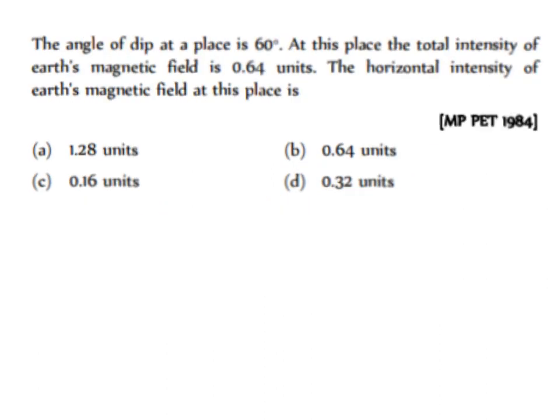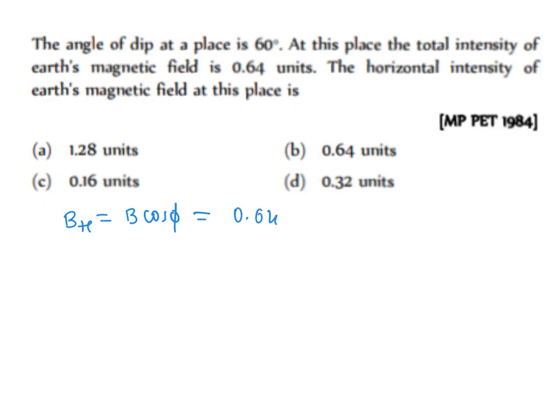Okay, so the next problem says that the angle of dip at the place is 60 degree. At this place, the total intensity of the Earth's magnetic field is 0.64 units. The horizontal intensity of the Earth's magnetic field at this place will be? As we know, the horizontal component BH equals B times cos phi. Phi is nothing but 60 degree.